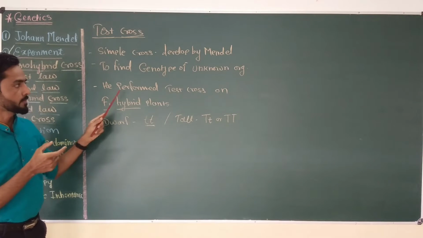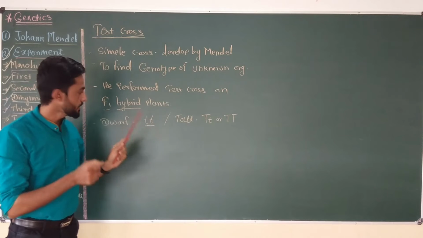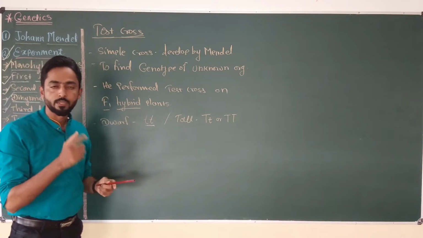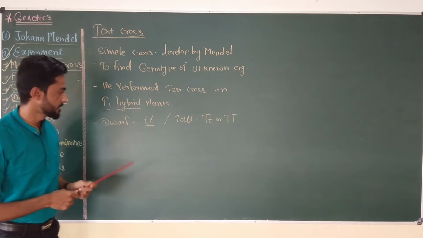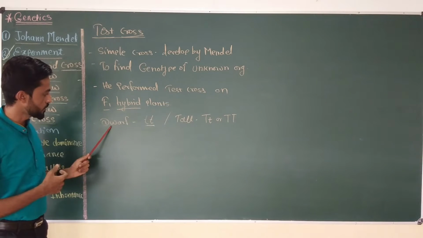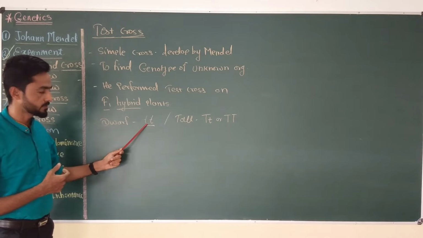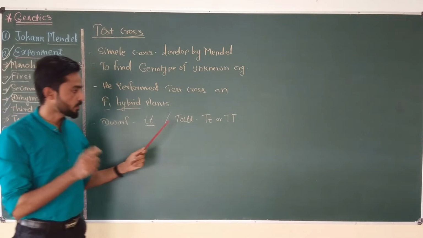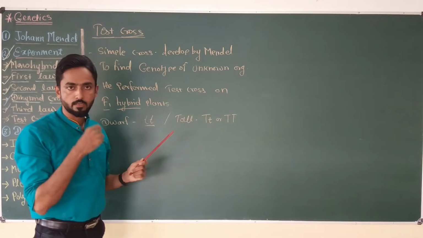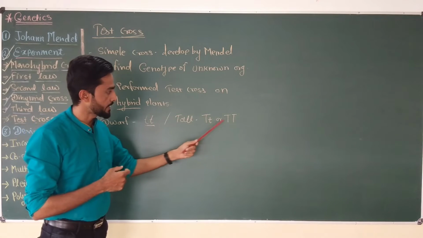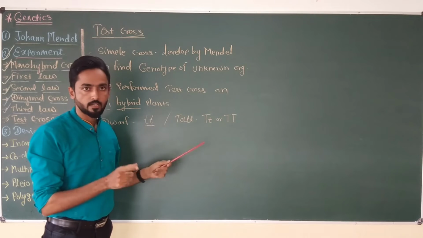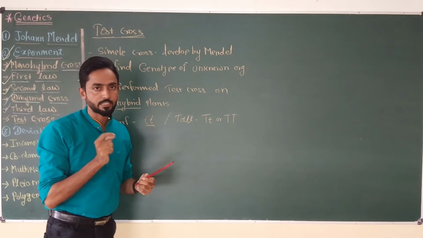Actually he performed test cross on F1 hybrid or first generation plant which he obtained in monohybrid and dihybrid crosses, because we can easily talk about the genotype of a dwarf plant because it is small t, but it is not possible to tell the genotype of a tall plant with naked eyes, because it may be capital T or capital T, small t. Okay, and here test cross comes into the picture.